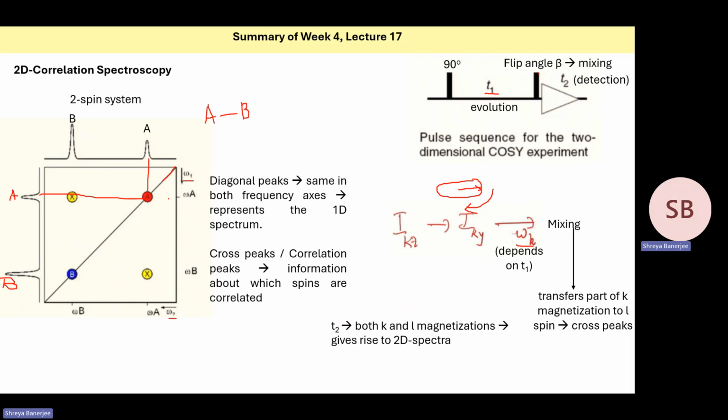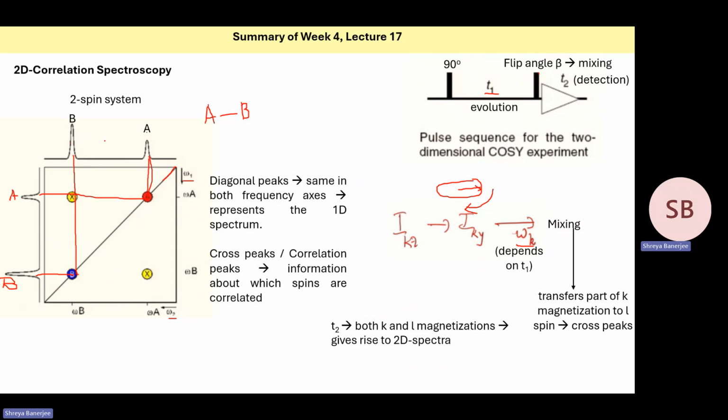If you extend the peak of A both downwards and sideways, you will get the diagonal peak. And if you extend the peak for B, again downwards and sideways, you will get the diagonal peak. So the diagonal peak is the peak that is already there in the 1D spectrum.